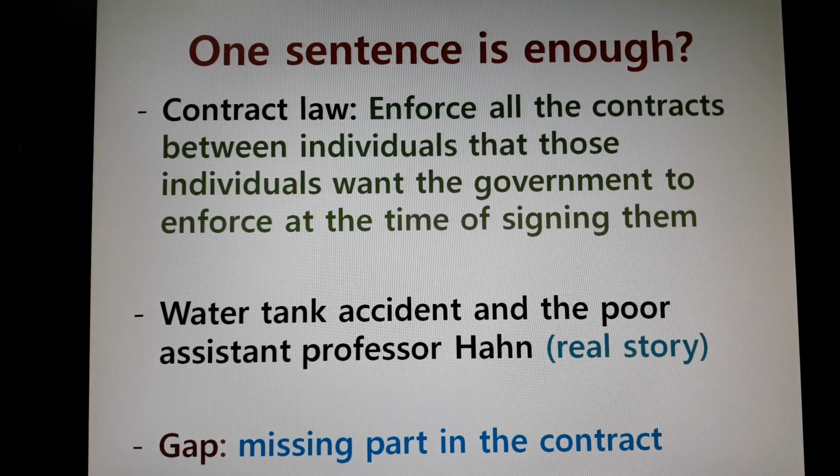We are going to talk about that a lot later in this class, but I'm going to introduce a small thing: the water tank accident that I really experienced. I became a Yonsei University professor 20 years ago, and one day I came to school and my whole room was flooded and my computer was soaking wet.